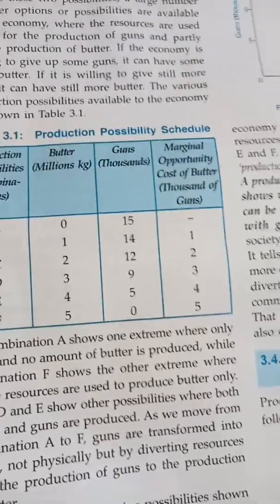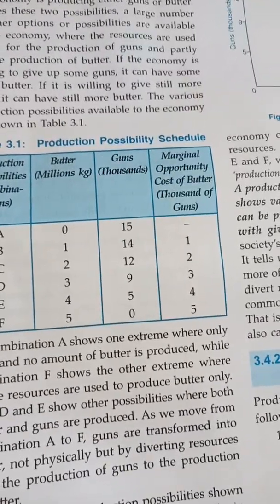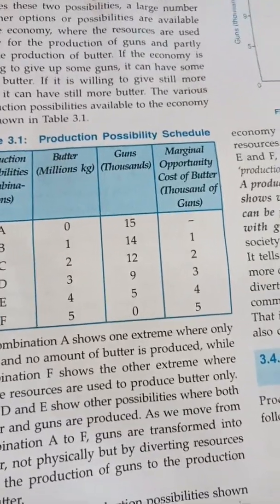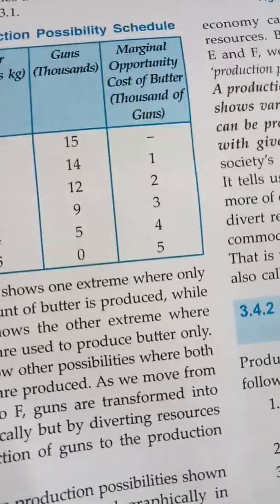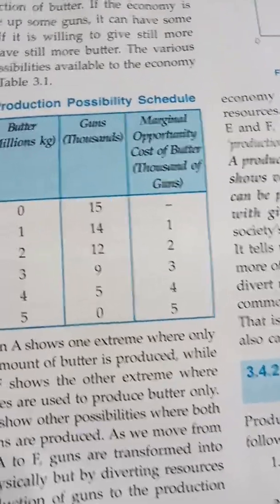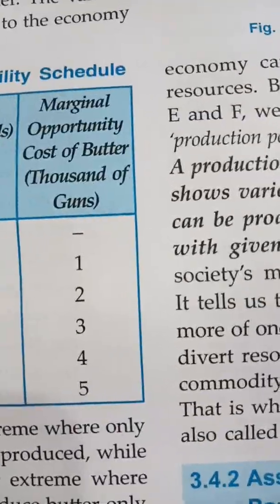For the production of 1 additional unit of butter, how much guns production is to be sacrificed, given up? That is the marginal opportunity cost of butter. So how much? 1. See here, the first value is 1.